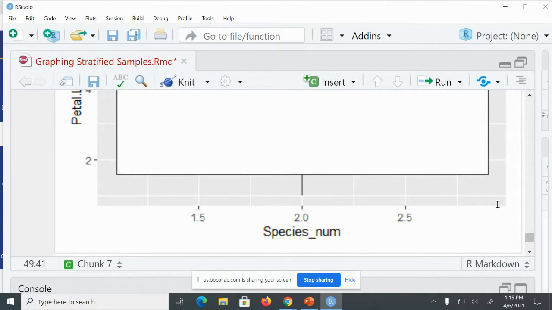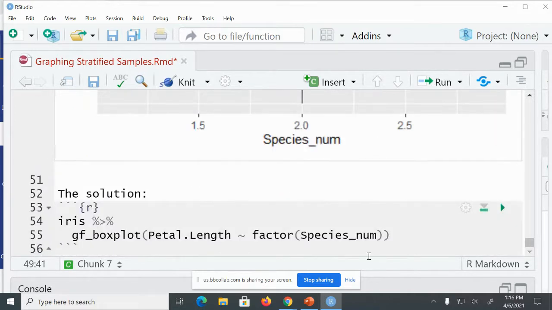So that's because the box plot function is looking at the species num and thinking, oh, this is a quantitative variable. I don't know how to make a box plot for a quantitative variable. What do I do? So the solution to that is to use the factor function to tell R, treat this as a factor or categorical variable, not as a numeric variable.